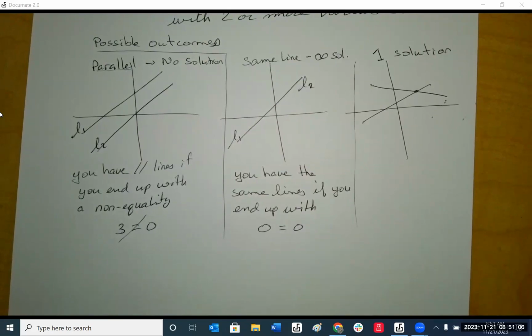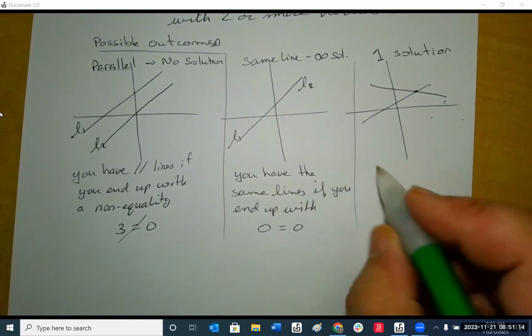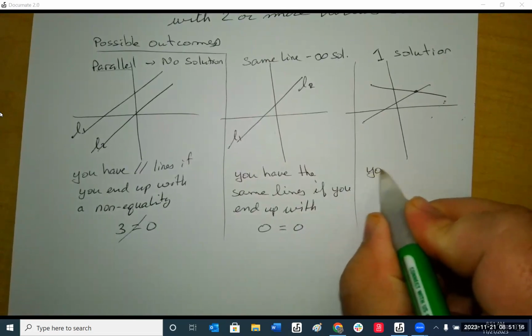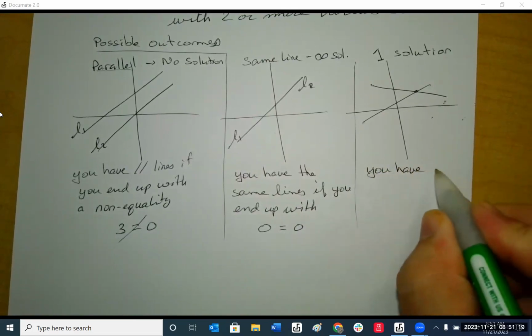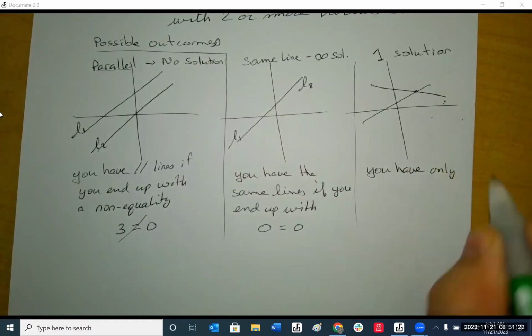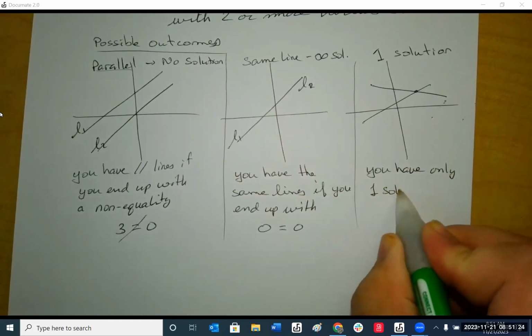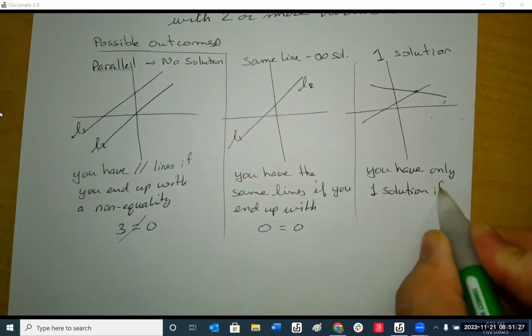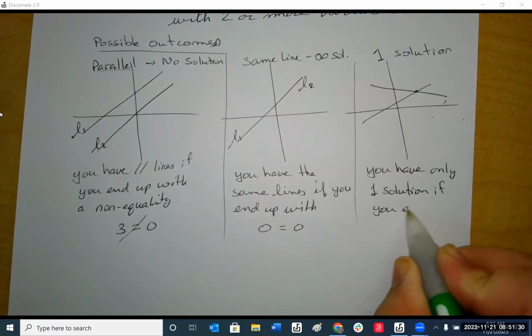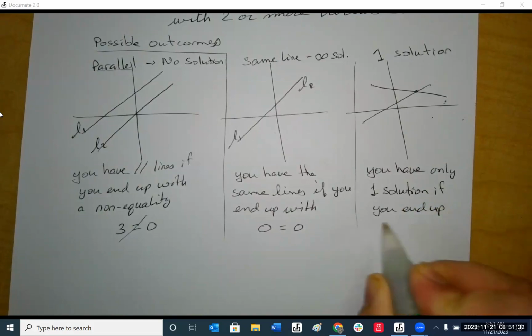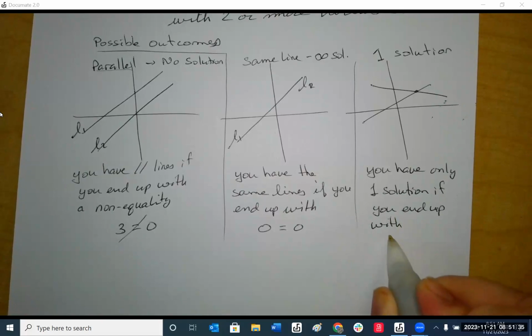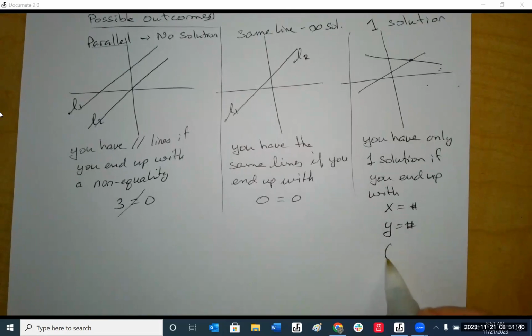That means no matter what you put in there, it'll give you the same answer. You have only one solution if you end up with x equals a number and y equals a number. That is your solution.